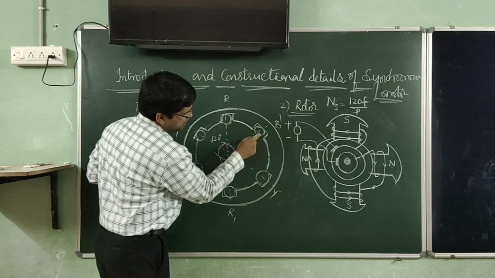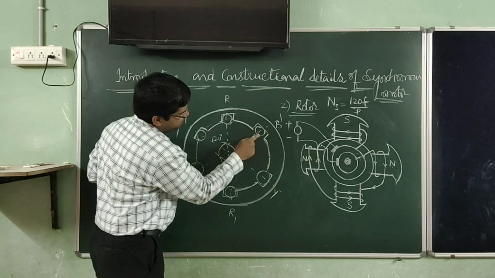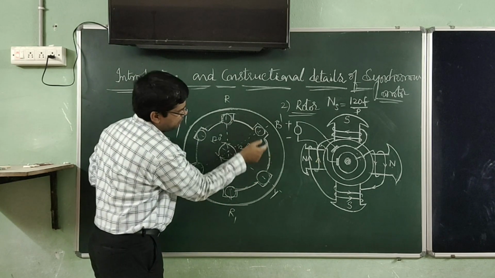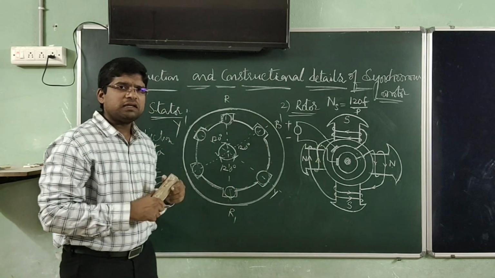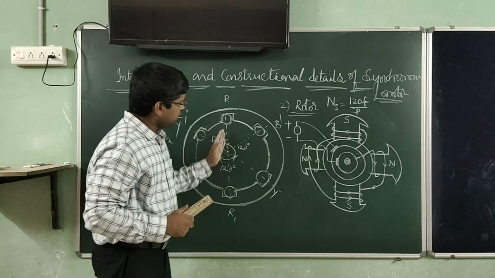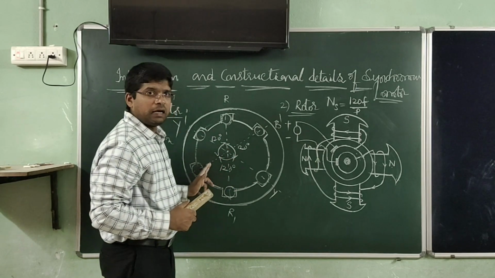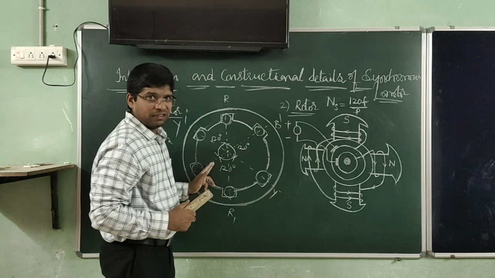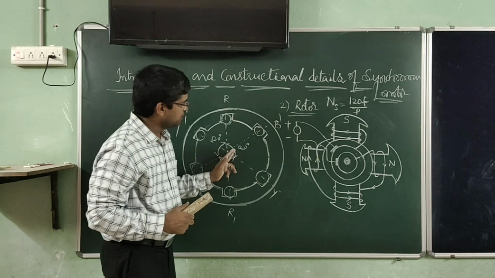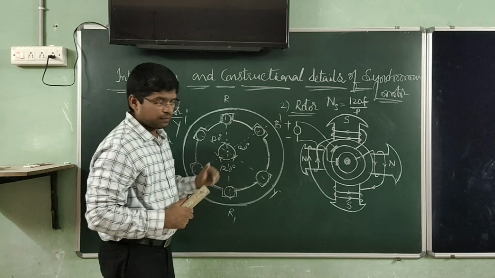And here we see the stator slots. The inner periphery of the stator core has stator slots, and in these slots the three-phase winding is placed. A three-phase winding has three phases, and each phase is 120 degrees electrical apart from the others.